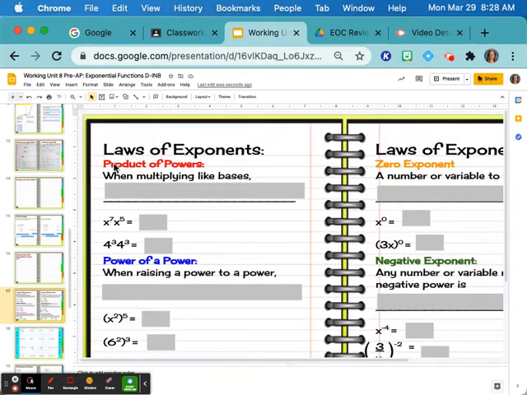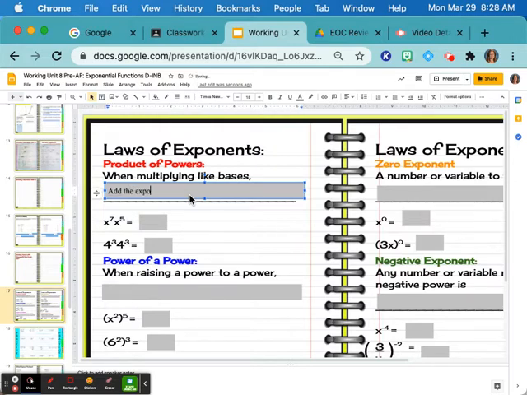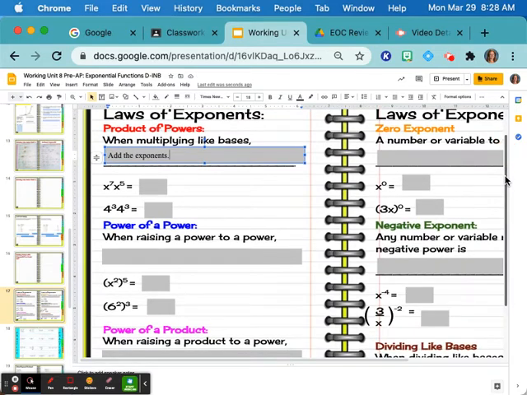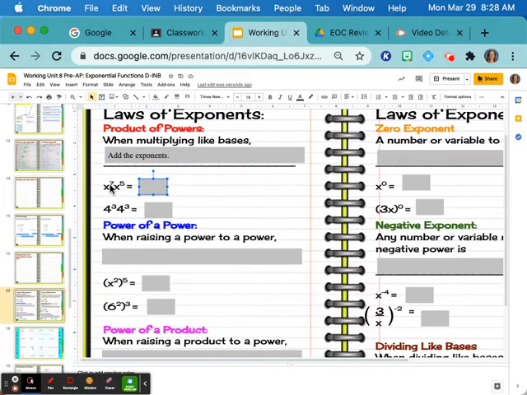So these are our laws of exponent. Product of powers. When multiplying like bases, what do we do? Yep. So then this x to the seventh times x to the fifth is what?